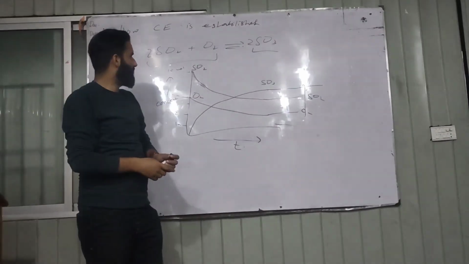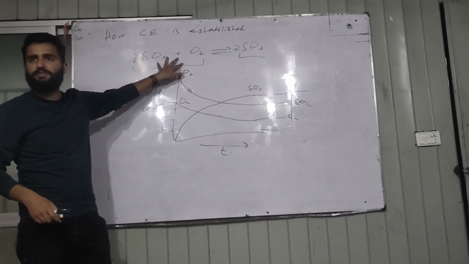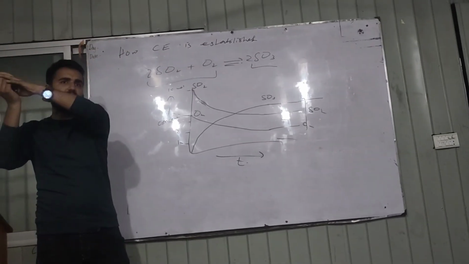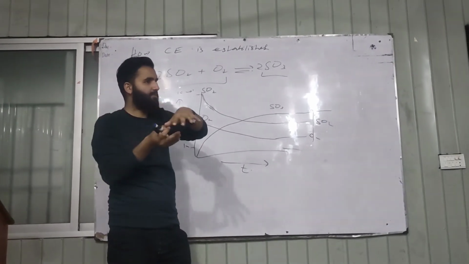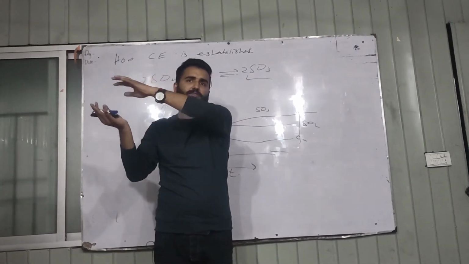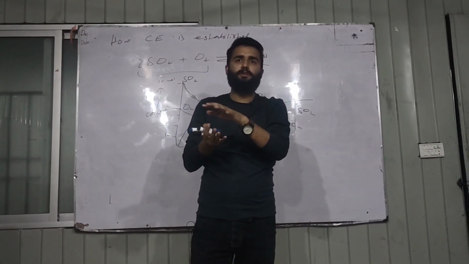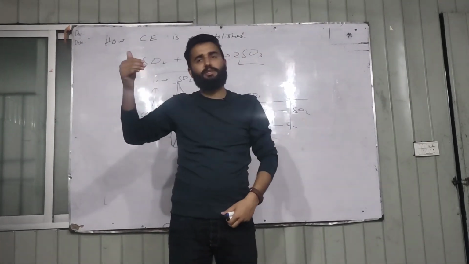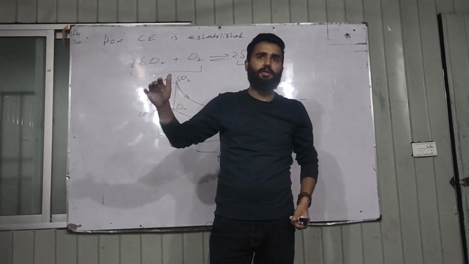First of all, the concentration of reactants is maximum, they react with each other, and the rate of forward reaction is maximum. With the passage of time these reactants react to produce sulfur trioxide, their concentrations decrease, and the rate of forward reaction also decreases.